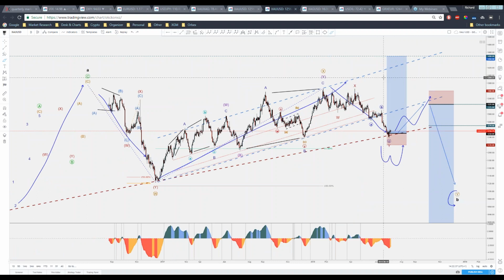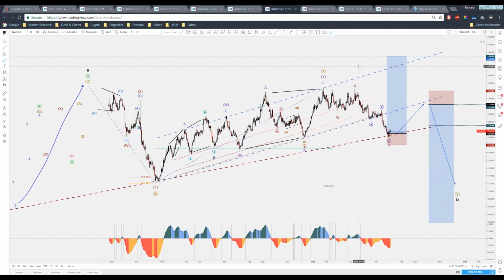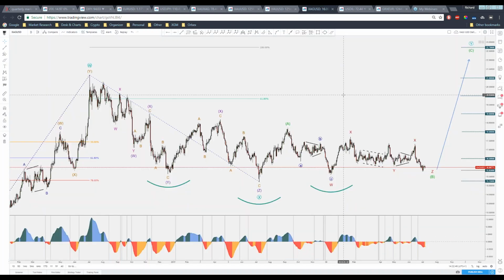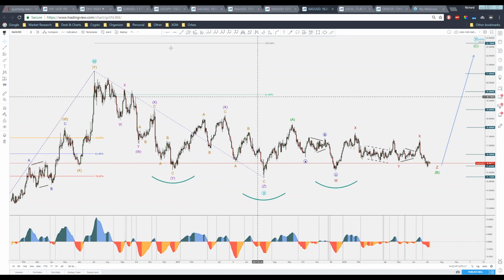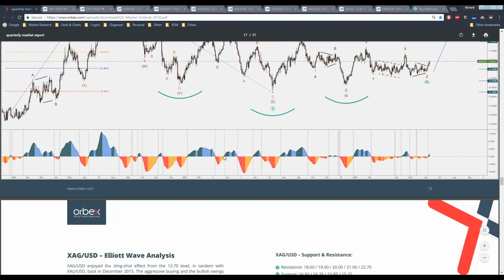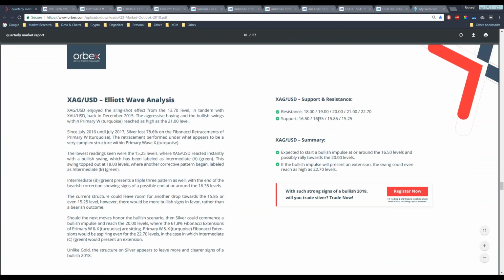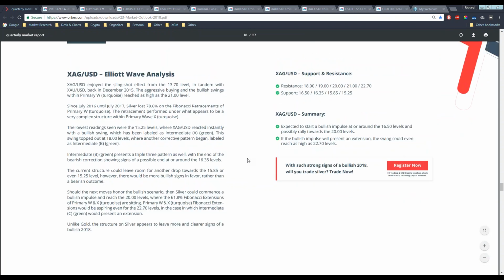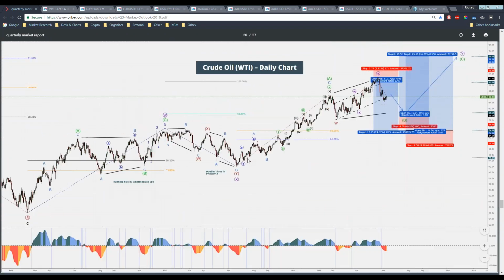The reason why I'm saying this is because I'm going to load the weekly chart on gold later on. XAG, kind of the same thing, nothing much to add. Let's say, for instance, I put some supports here. 1650, it did drop, 1635 and 1585, which actually held, right? So the metals seem to be awaiting something.